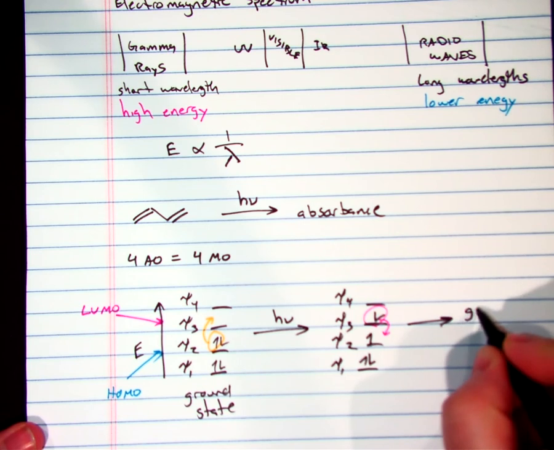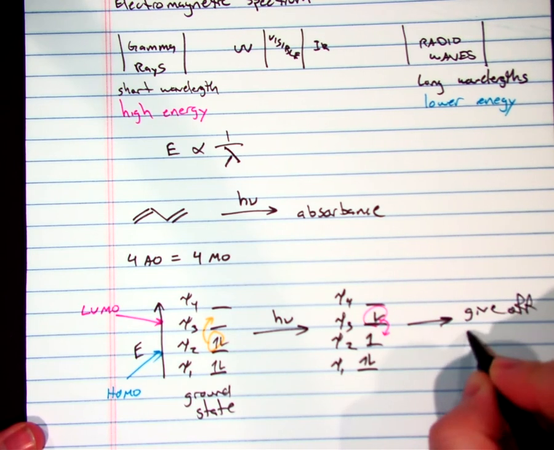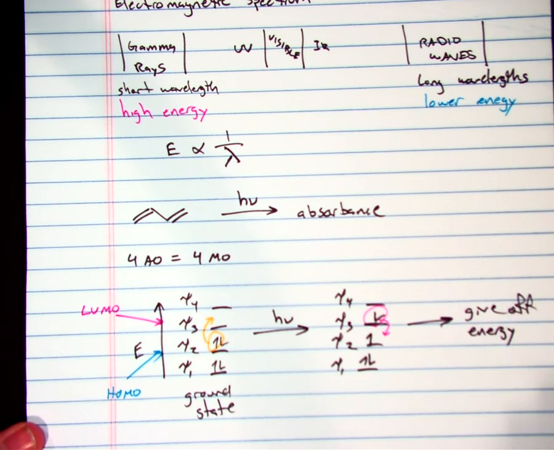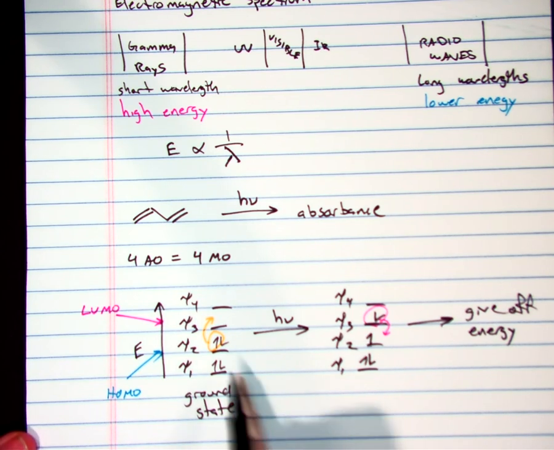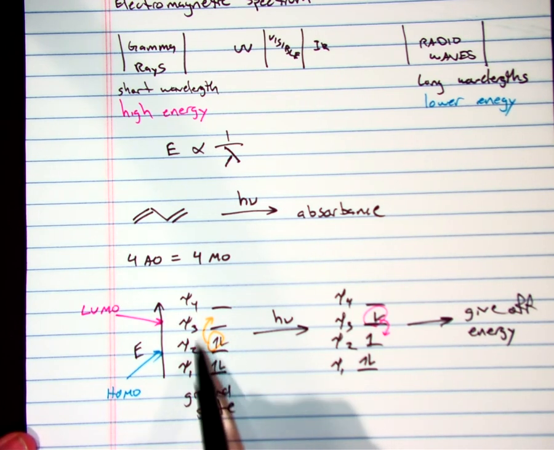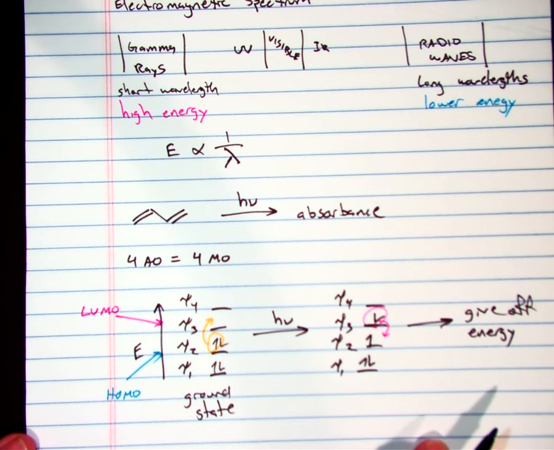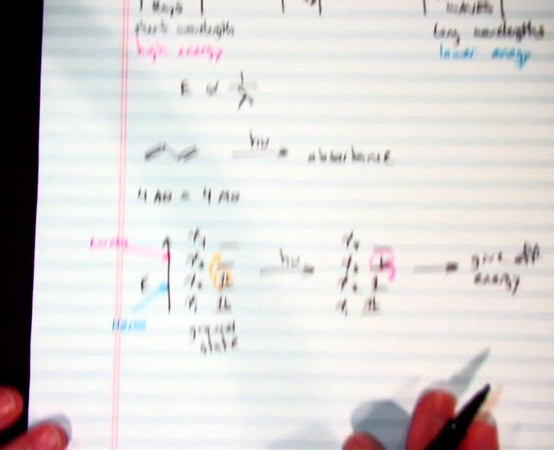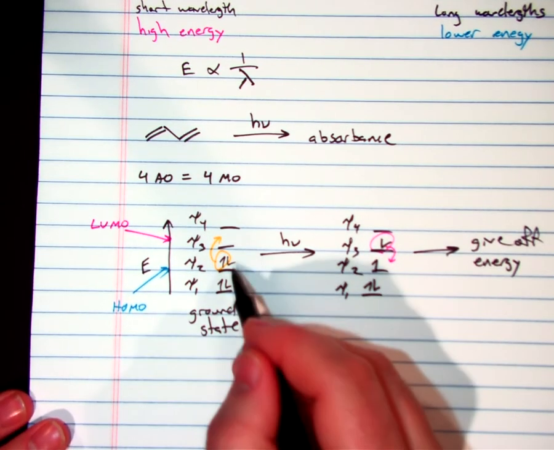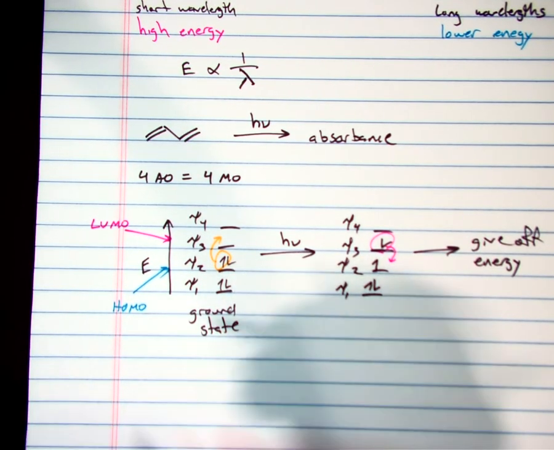So this is going to give off that energy in some way. Often it's in the form of light. But for UV spectroscopy, we're measuring that absorbance. We're measuring the difference in these energy transitions. How easy is it for us to take an electron and promote it up to a higher energy state? The key difference there is, what is that energy difference that we're looking at?